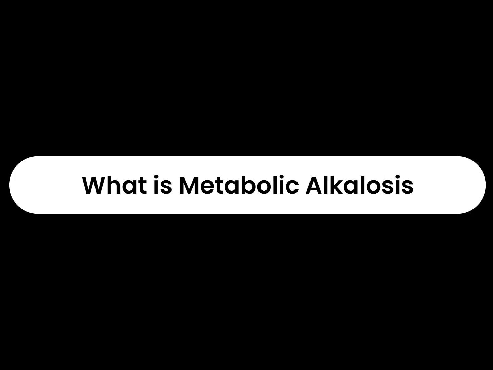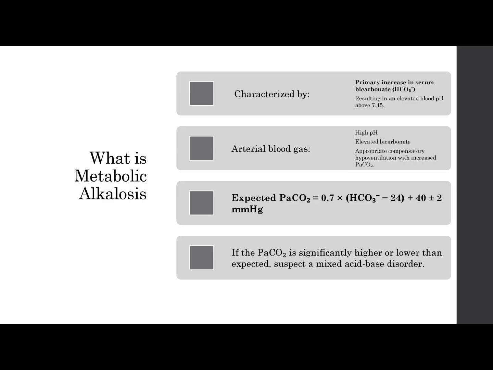What is metabolic alkalosis? Metabolic alkalosis is characterized by a primary increase in serum bicarbonate resulting in an elevated blood pH above 7.45. On arterial blood gas, you'll typically find high pH, elevated bicarbonate, and appropriate compensatory hypoventilation with increased CO2.